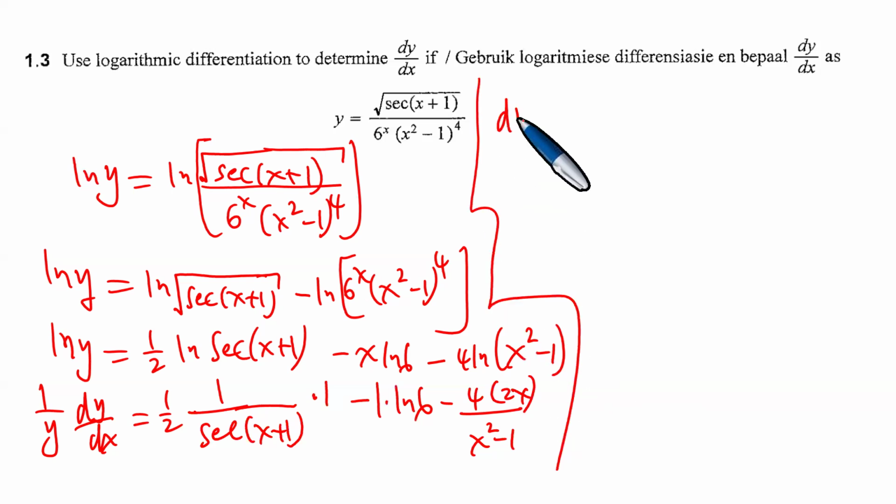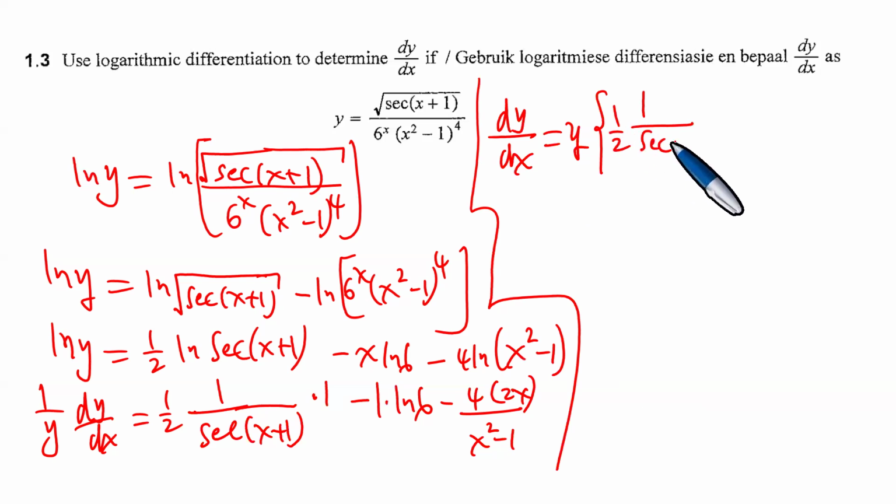Meaning we have dy/dx. So we have 1 over sec of x plus 1, ln 6, 8x divided by x squared minus 1.